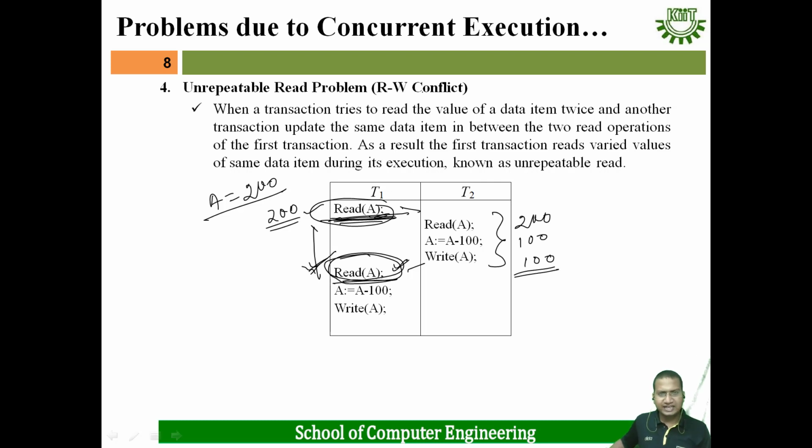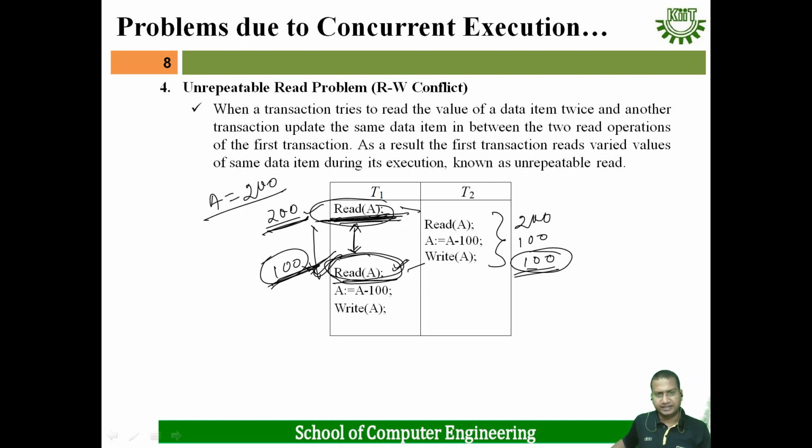Then when T1 again executes the read operation on A, it will read the updated value, that means 100. That means T1 has not done any update operation in between. First, it read the data item A as 200. Then after some time, it read the data item A as 100. Okay, this is your unrepeatable read problem.